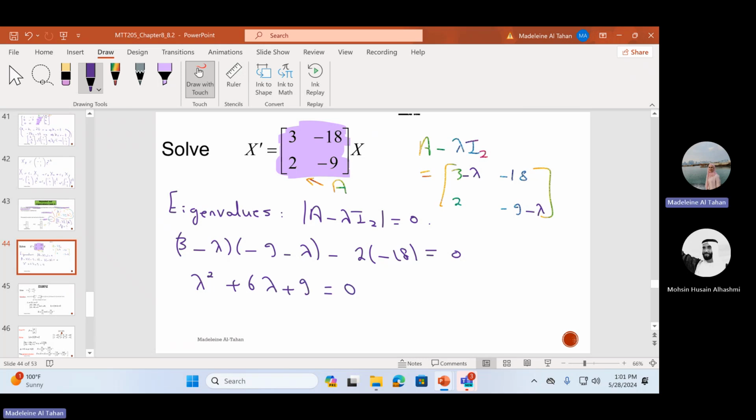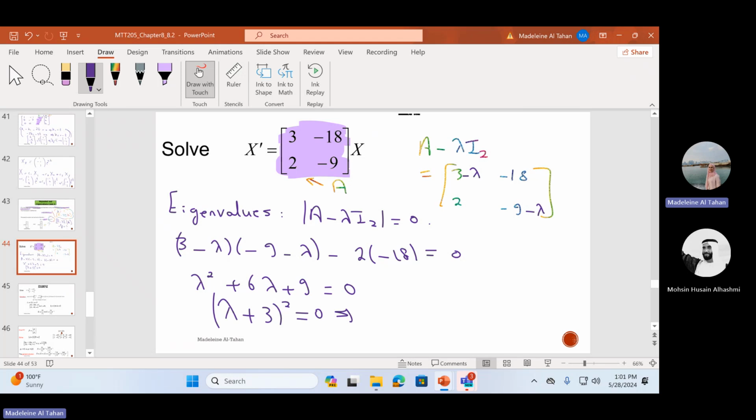Did all of you get lambda squared plus 6 lambda plus 9 equal to 0? Yes. Okay. Now, this one is a remarkable identity, or you can solve it using the calculator. If we use the remarkable identity, we get (lambda plus 3) squared equal to 0.